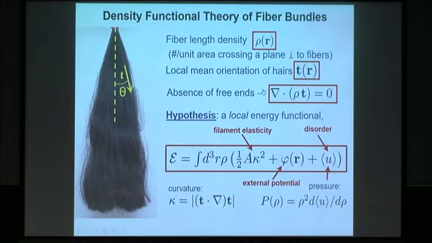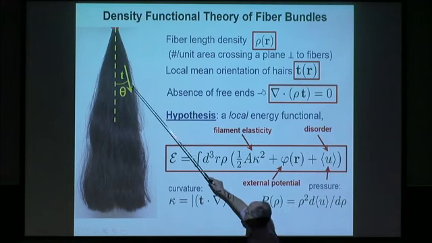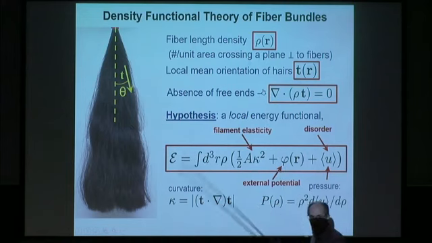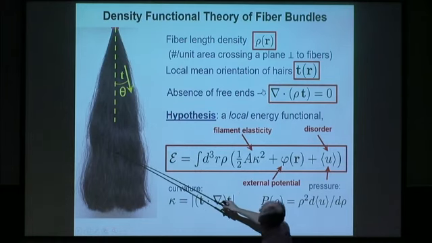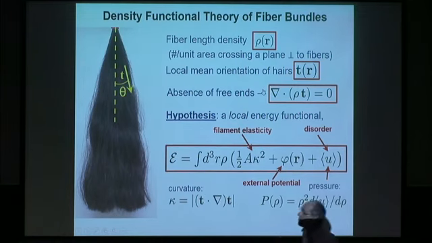So if you want to build a theory of a bundle of hair, you basically want to say that there is a measure of how many hairs you've got. Let's call that rho, the number of hairs per unit area in some cross-section, perpendicular to the long axis. And then there's some local angle or vector t that describes the mean orientation of the hairs at some position.